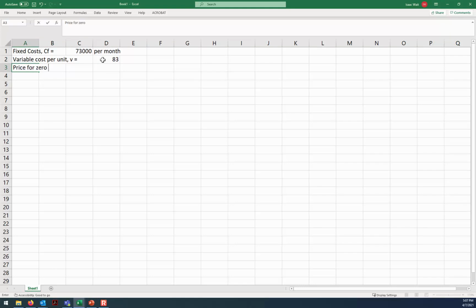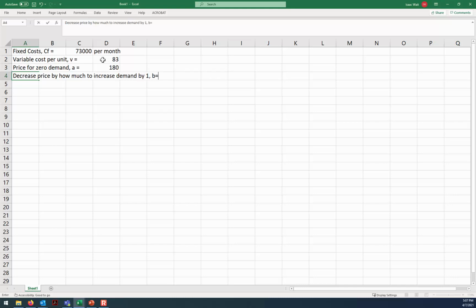Price for zero demand. From the curve that relates price and demand, that's the vertical intercept. What would you have to charge for the item so that nobody buys any? 180 is the first price at which no one is willing to buy an item. Then, decrease price by how much to increase demand by 1?